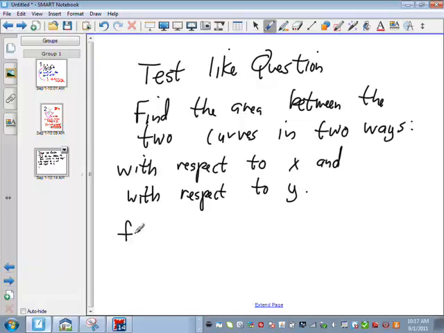The functions are f of x equals, well, let's put it in a different color. So f of x equal to the x and g of x equal to x cubed. As a matter of fact, I can just go ahead and steal this one, right?